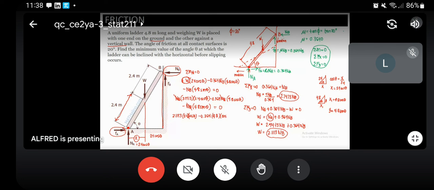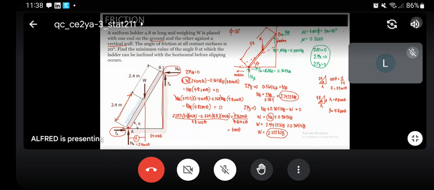times cosine of theta is equal to 4.8 sine of theta. So i-divide ko both sides by 4.8 cosine of theta. Okay? So cancel si 4.8. So matitira dito is tangent of theta. Tama?